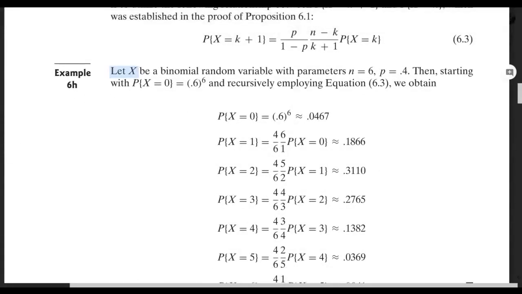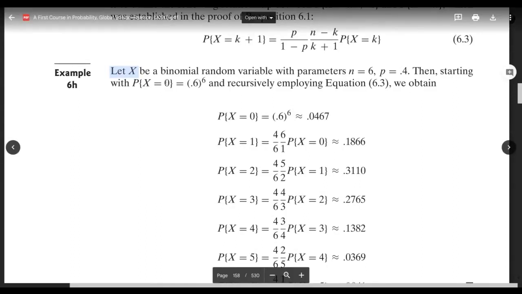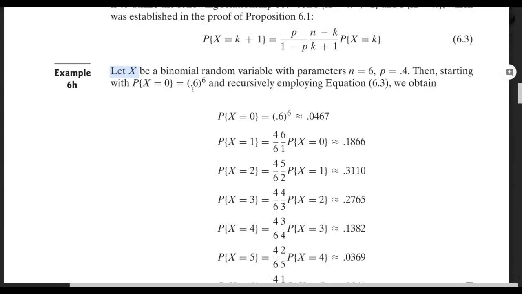X is a binomial random variable with n equals 6 and probability 0.4. Starting with the probability of the random variable being 0, that equals 0.6 raised to the 6, because 6 choose 0 is 1 and 0.4 raised to 0 is 1. That's why we have 0.6 to the 6.